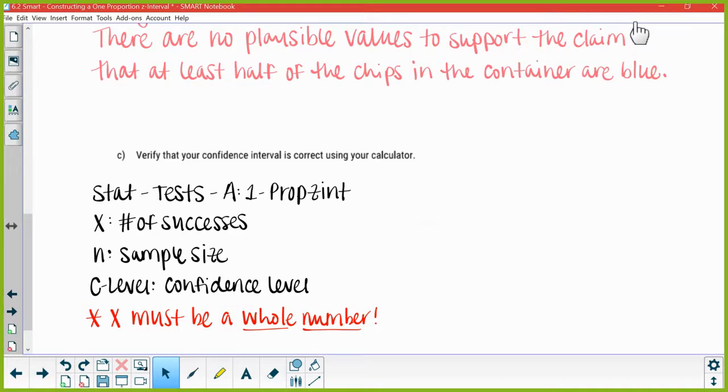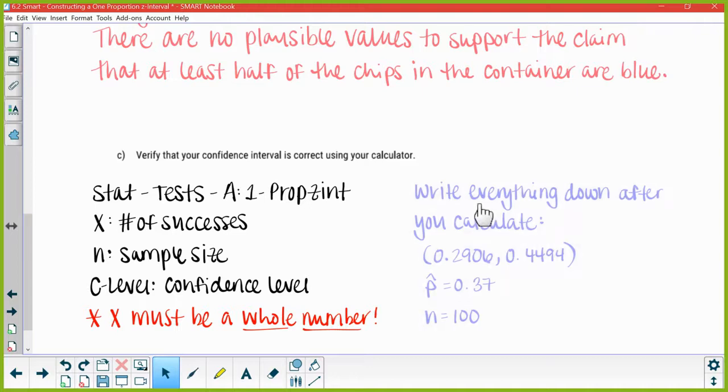Make sure, I always suggest rounding up. That's generally the rule we do in statistics, especially if there's even a little bit of leftover room. They'll have a window large enough on the grading rubric to accommodate for that. So x must always be a whole number. One thing you do want to note when you are doing work in your calculator, write everything down after you calculate. Write everything that comes out of that output window, the interval, p hat, and n.